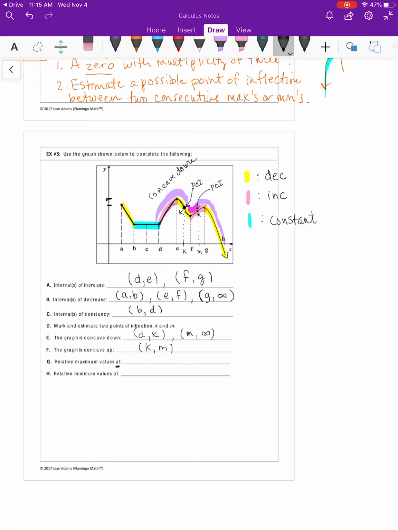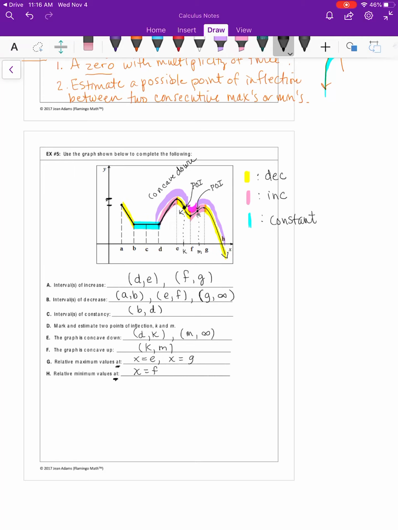So my relative maximum would be at X equals E, and I've got another relative maximum at X equals G. And then a relative minimum at X equals F. Now remember, those are not the actual maxes and mins. It would be the Y value at that point, at these X values, okay? But since they said at here, I knew we could just say this is where it's happening, at these X values.